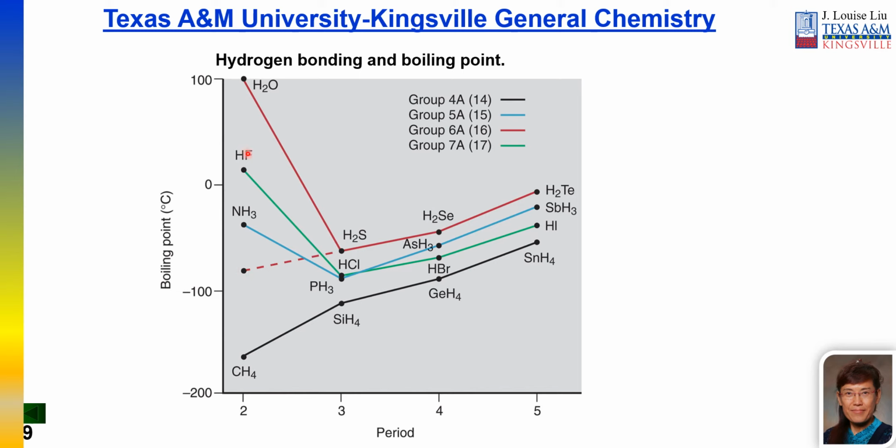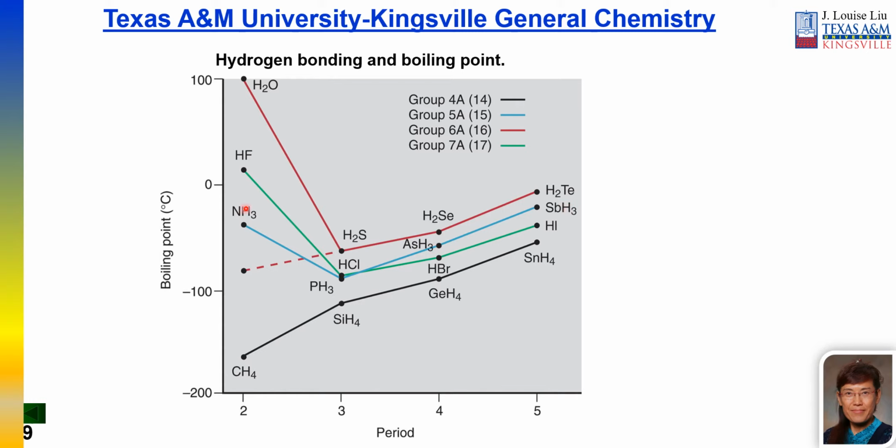And also hydrogen fluoride compared with hydrogen chloride, hydrogen bromide, and hydrogen iodide. So HF forms hydrogen bonds. Therefore, the boiling point significantly increased compared with the other 3 hydrogen compounds. Similarly for nitrogen: NH3, PH3, AsH3, and SbH3, those hydrides.